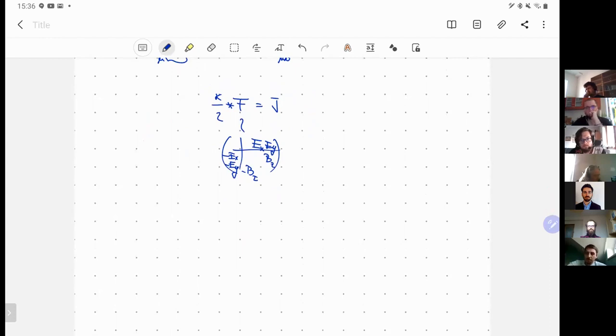It turns out that to understand that, I just take this equation and write it separately for E and B. So for B, this will be my equation, and for E, I get this.